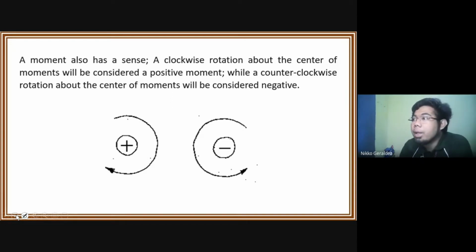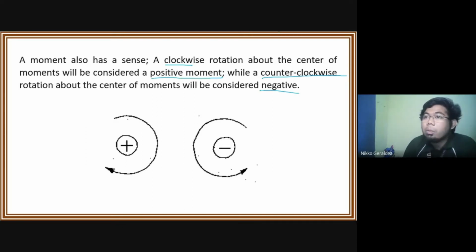Para uniform tayo, laging clockwise positive, then counterclockwise negative. Lagi po yan.